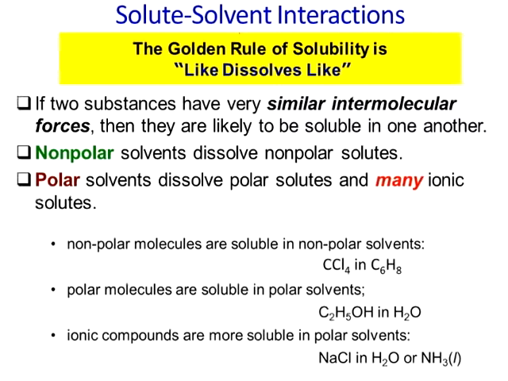Now, for many people, these are somewhat intuitive. They've seen it before just through life and through experiences. But the reason for this is because like dissolves like, or like likes like. And so the nonpolars will dissolve each other, the polars will dissolve each other, and the ionics will typically dissolve in the polars. Those are some general rules to understand about solubility.